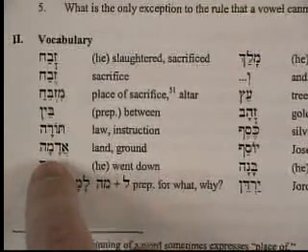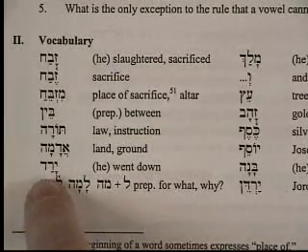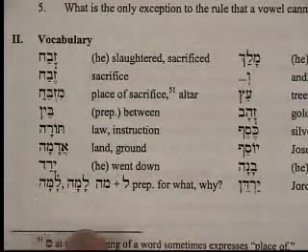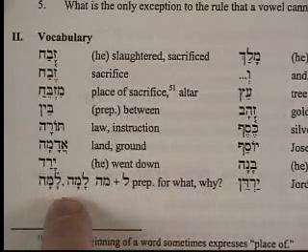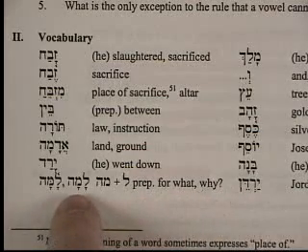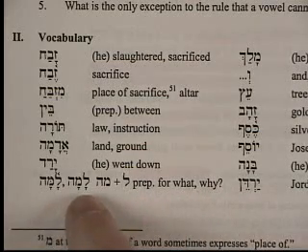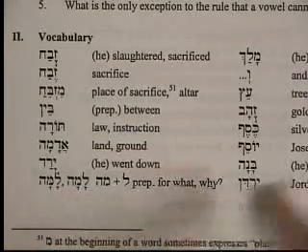Land or ground is Aramah, Aramah. He went down is Yarad, Yarad. We have the word lama. It's a preposition for what? Remember, ma is what or how. Lama, preposition for, to or for, so for what or why.